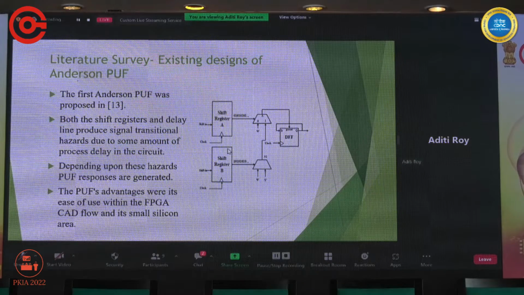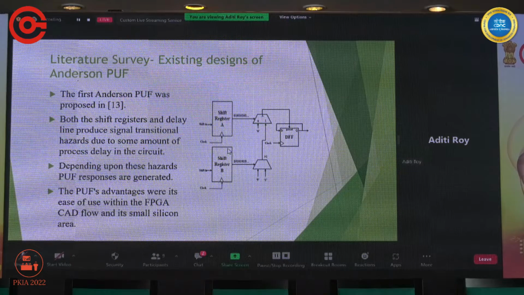These patterns act as select lines to both the multiplexers in the carry chain, and the output of the last multiplexer acts as a preset input, so that whenever there are signal transitional hazards, that is 0 1 or 1 0 glitches that we have in electronic circuits, the preset input will vary depending on them and the output will vary accordingly. So depending on these hazards, PUF responses are generated.